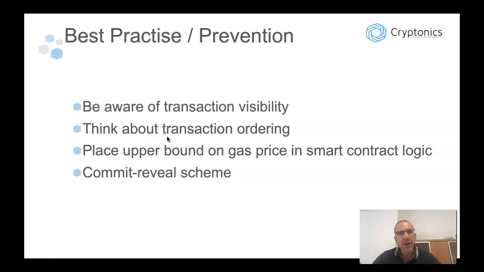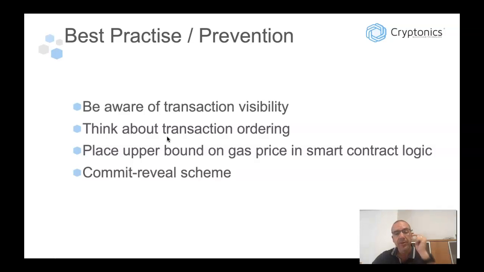Quite a common scenario is a commit and reveal scheme for supplying data to a smart contract. That basically means that in one transaction you commit a hashed value of the data, and then in another separate transaction you reveal what that value was, and obviously that value has to match what you committed before, which can be verified by calculating the hash value.